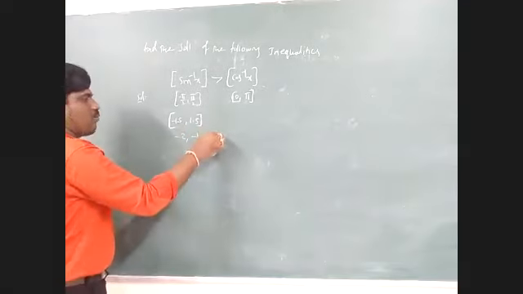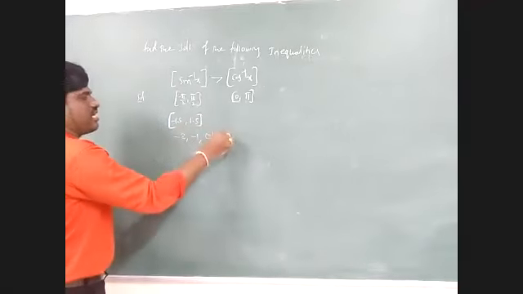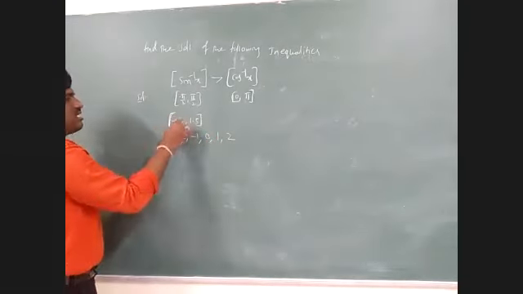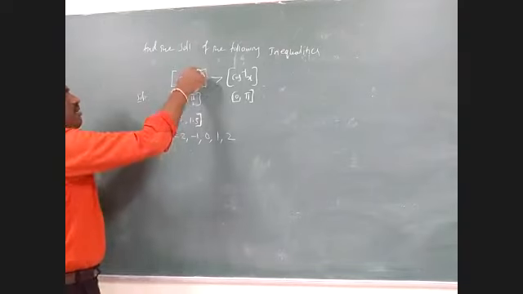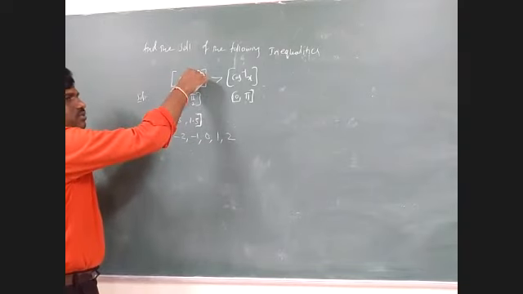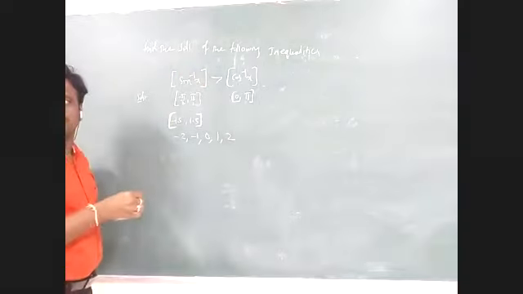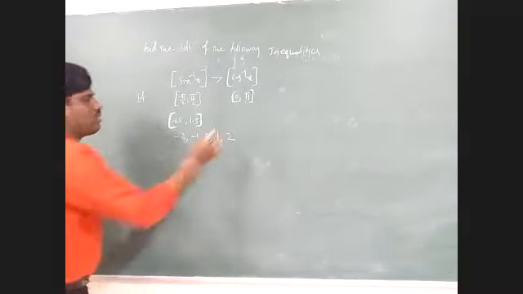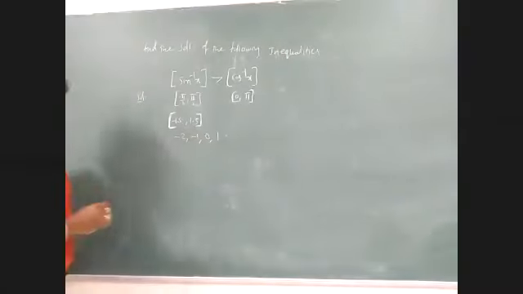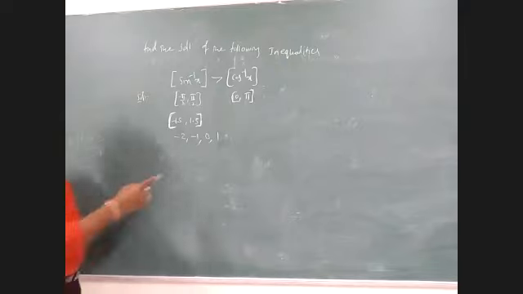Minus 2. What will I get here? Minus 1. I'll get 0 also. Next, 1 also I'll get. Till where can I get? 2 will not come. So the greatest integer of 1.5 is 1.